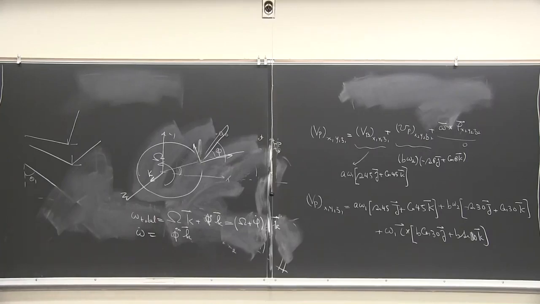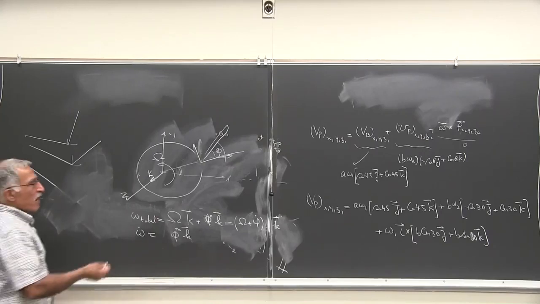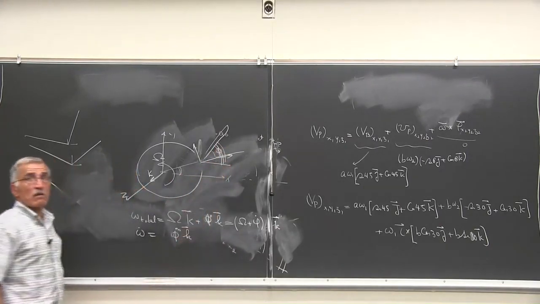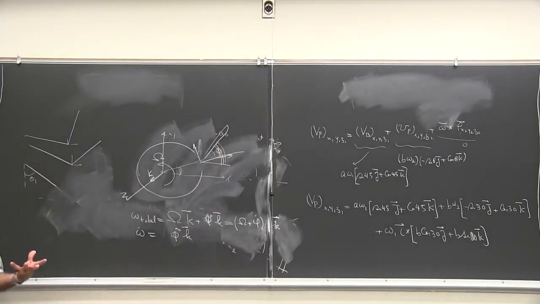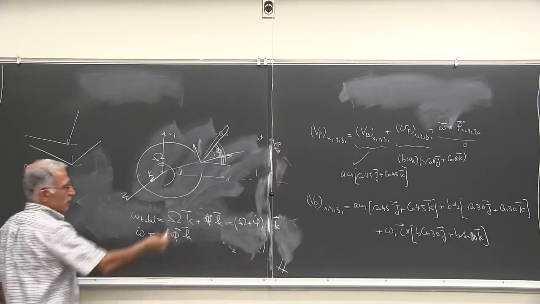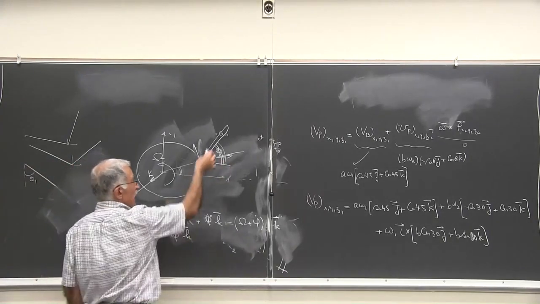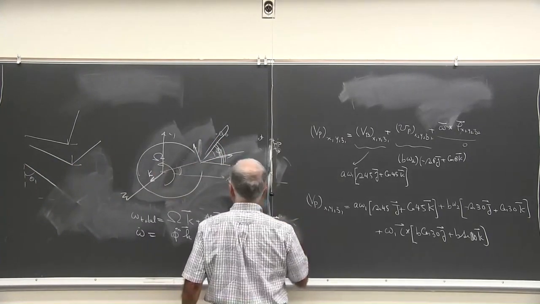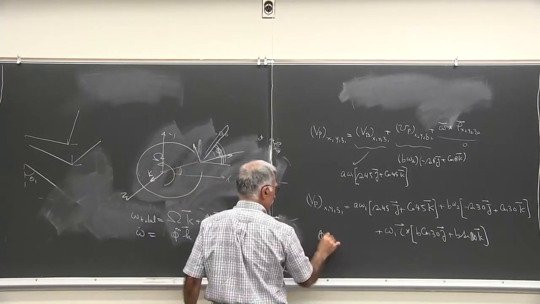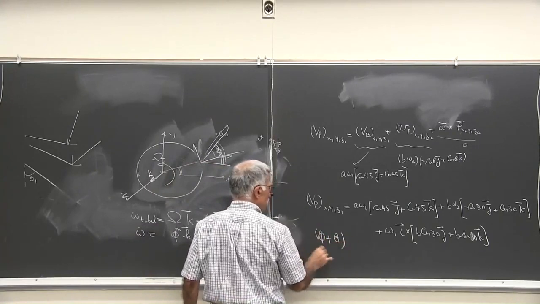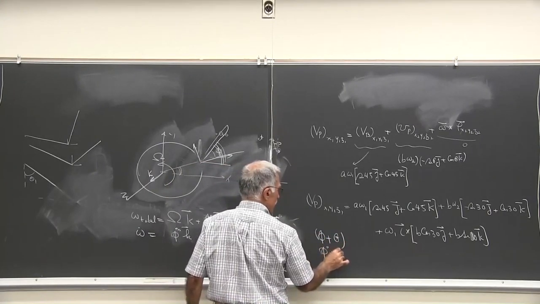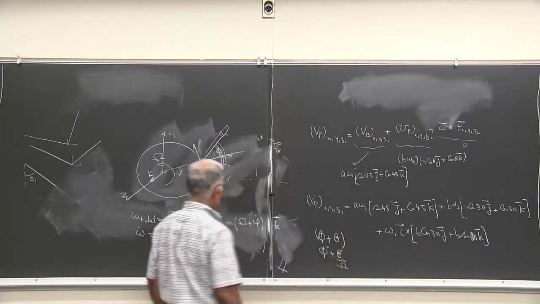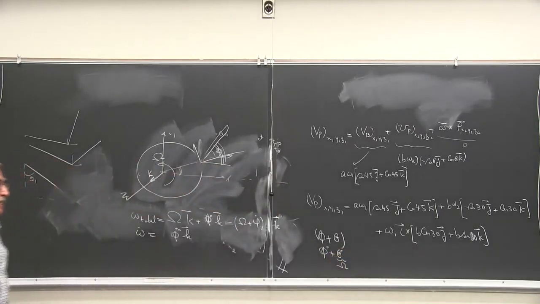So if you say with respect to the ground, then you have to judge this angle with respect to the ground, and this angle is equal to theta plus phi. So the angular velocity of this arm with respect to the ground is defined as phi dot plus theta dot, and theta dot is omega. So you get the same answer, omega plus phi dot.